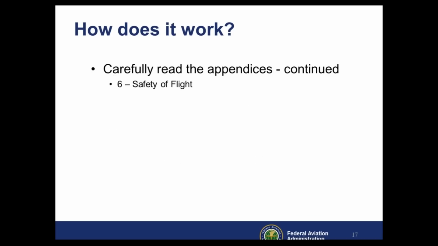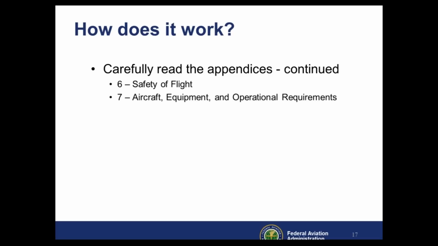The next one is 6, safety of flight. This has a lot of good information in it, such as safety recommendations. For example, how low should you be to perform an engine out maneuver in a multi-engine Checkride. That sort of information is there, so you want to make sure you hit that one. 7 is aircraft equipment requirements. Again, this is from the PTS.